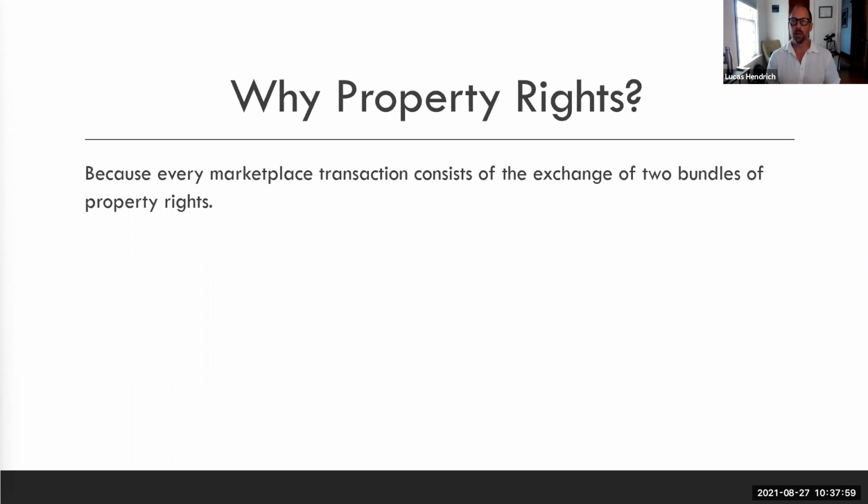So in this case, why do property rights exist? Because every marketplace transaction consists of the exchange of two bundles of property rights. That's what goods are. Similar to Coase, who was an influence in emphasizing the importance of clearly defined property rights, what we're doing in this paper is exploring how they came about.